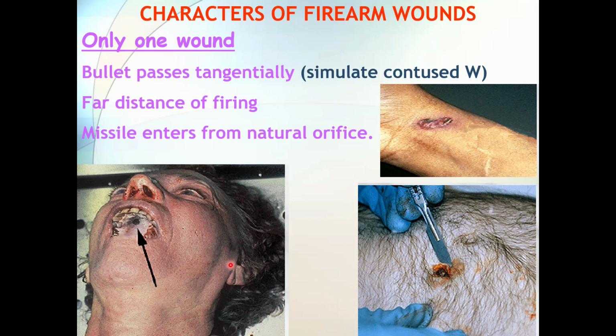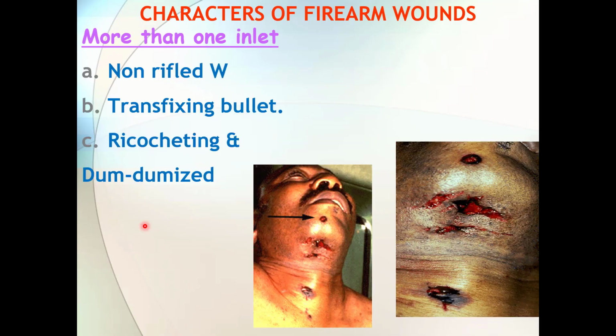The inlet is hidden here in the mouth, but the obvious one is the exit. The exit is obvious because the skull is damaged and the brain protrudes, and it is more obvious than the hidden inlet. So we found only one wound if the bullet passed tangentially in far firing, and a hidden inlet in case of a projectile passing from a natural orifice.